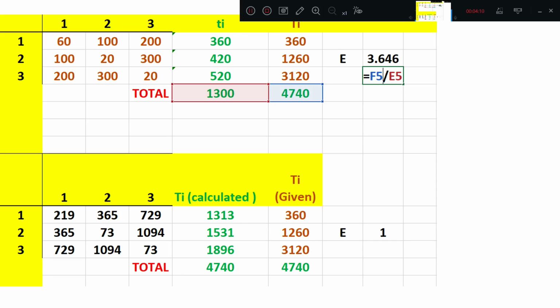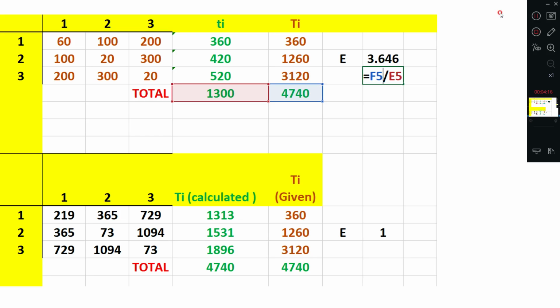So here we'll see the example. Here I have considered three zones: zone 1, zone 2, zone 3. These zones, this is origin and this is destination. Whatever red colored numbers are there, that is given in the question.